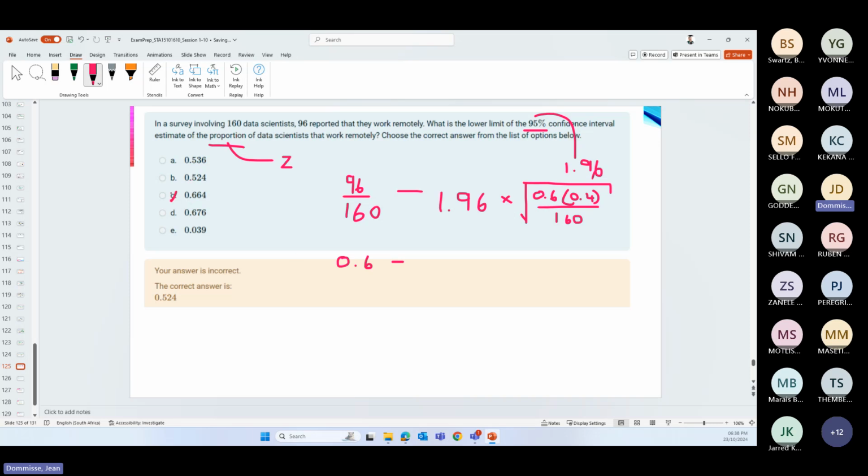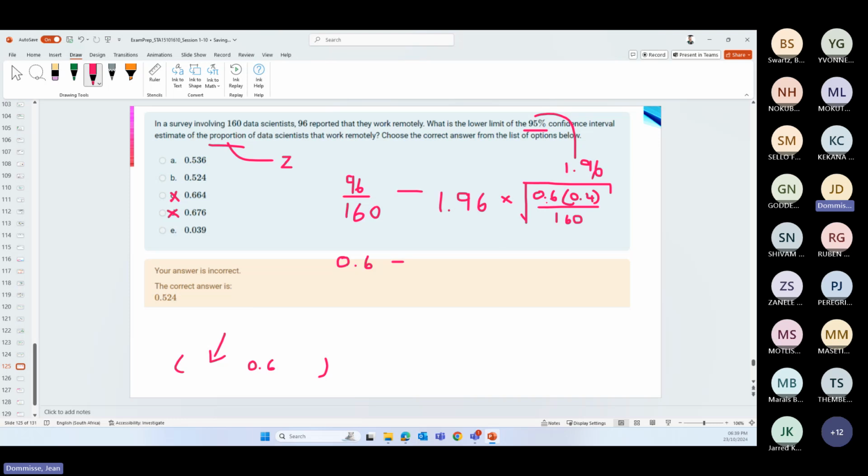So it's not C, it's not D. We basically have A, B, or E that can be our answer, because we know that 0.6 is in the middle. We're looking for the lower confidence limit, so it must be smaller than 0.6. So already we can eliminate two of those answers.